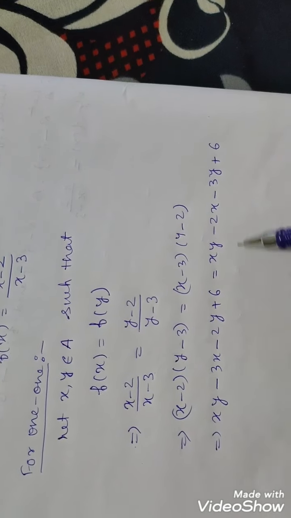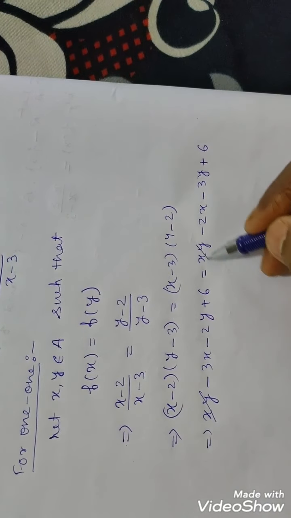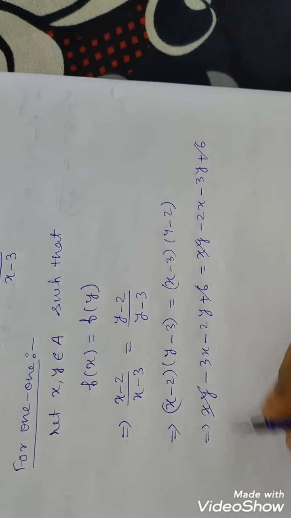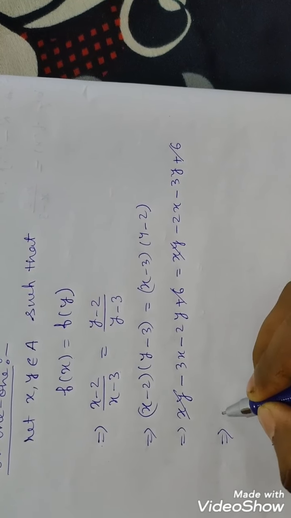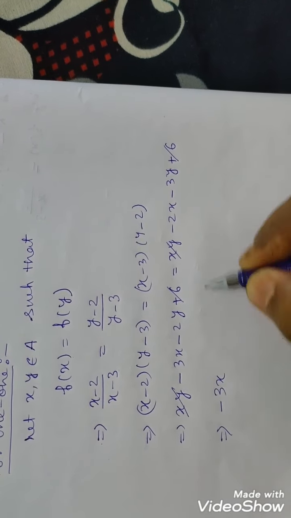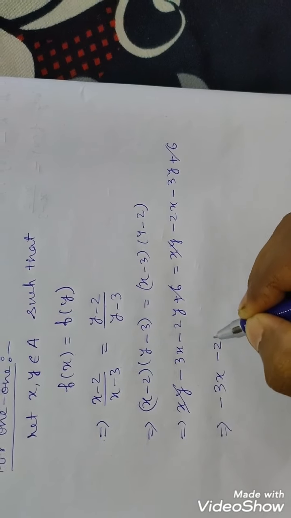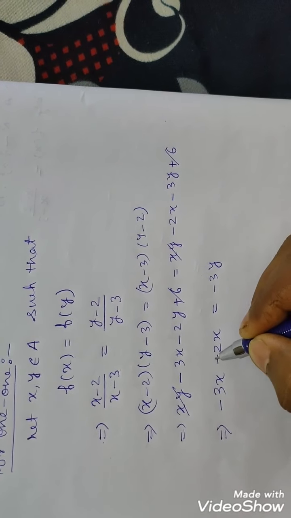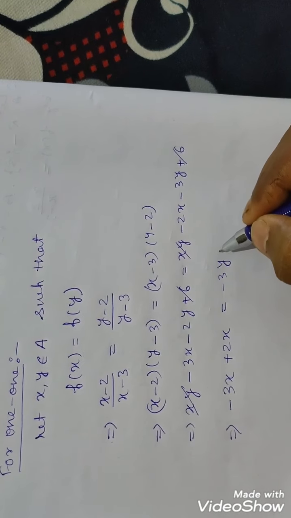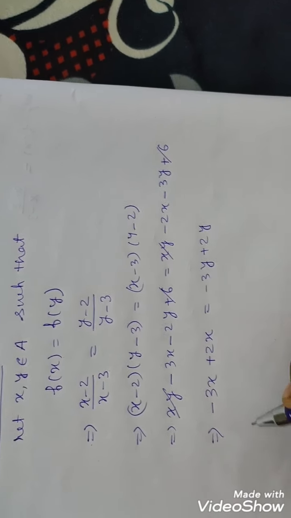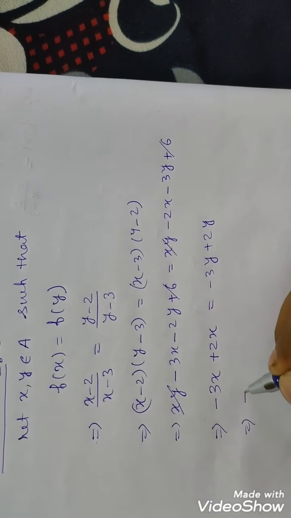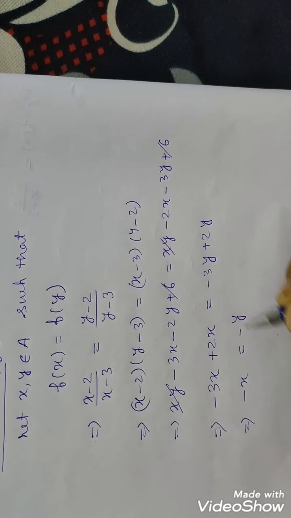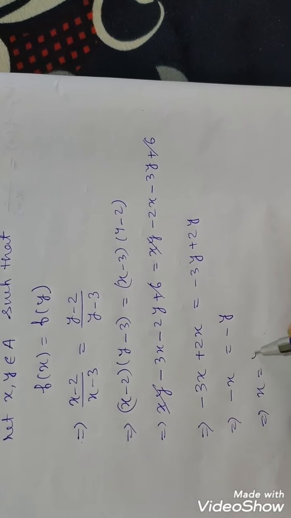You can cancel the same terms on both sides. Now take like terms on the same side: minus 3x plus 2x, and minus 2y plus 3y. As a whole you get minus x equals minus y. Finally you get x equal to y.